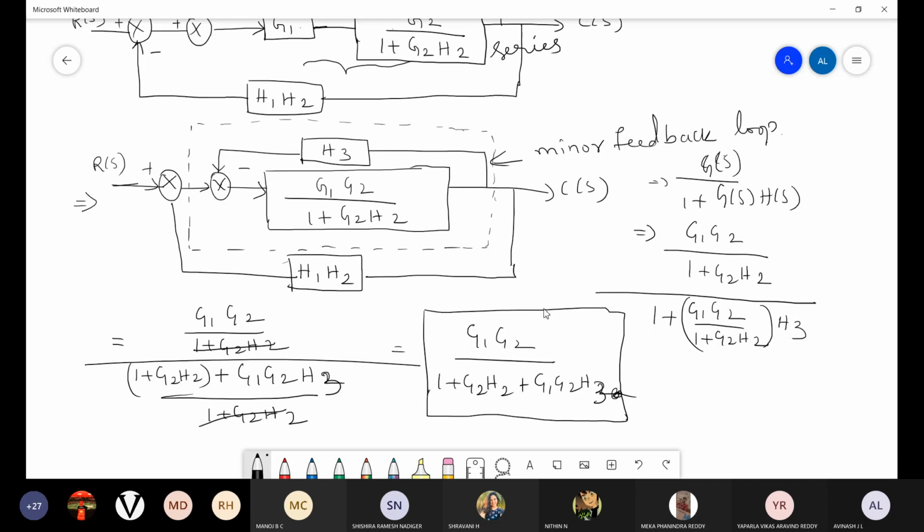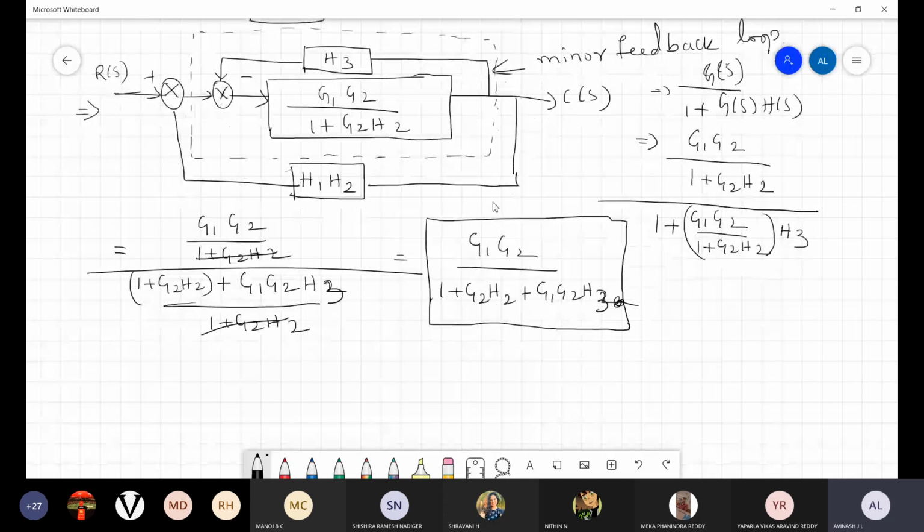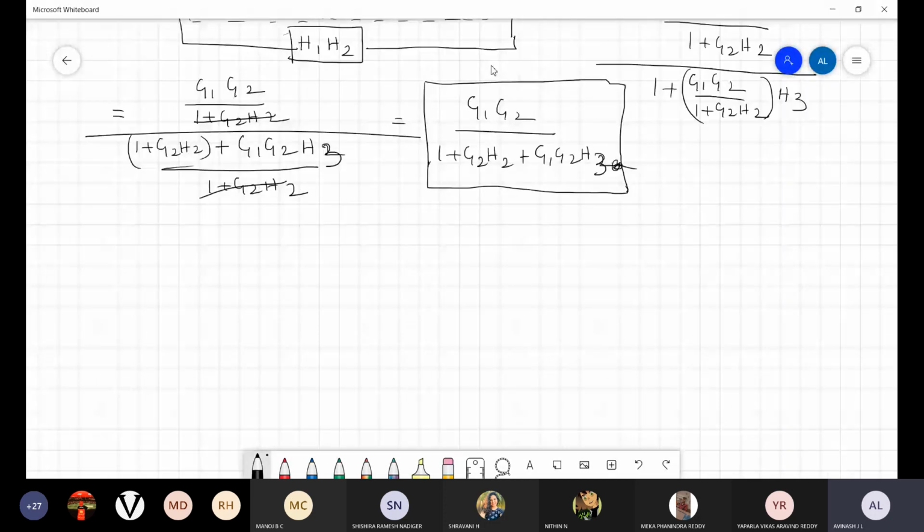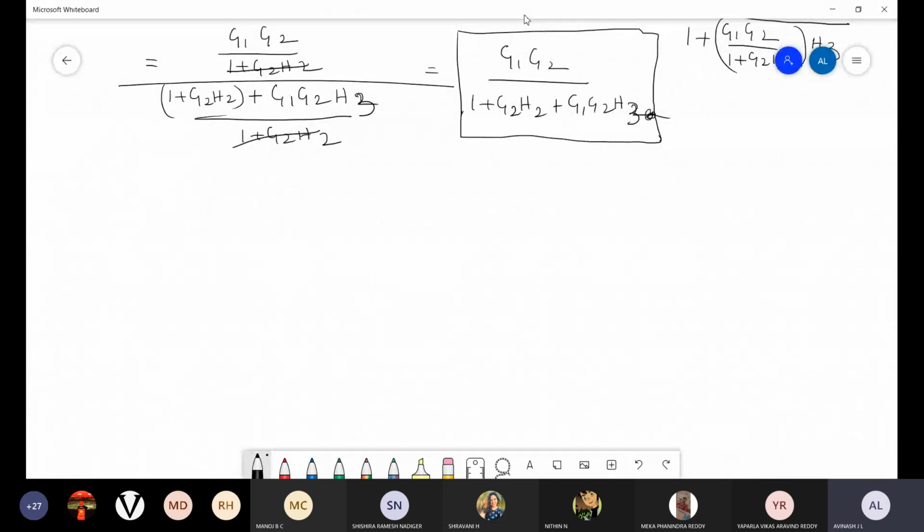Okay. So now, once we get this one, we can replace the minor feedback with this particular block value. So how will it become? We'll write it here. Here R of S, here we'll take the summing point.